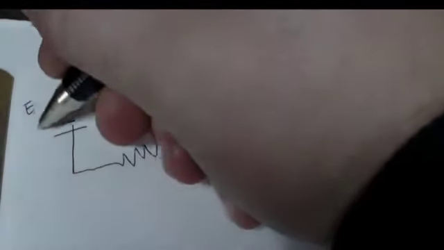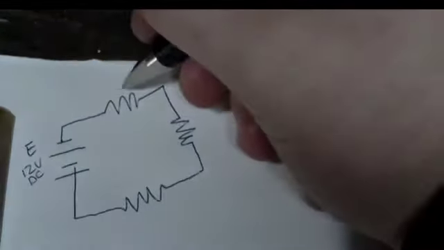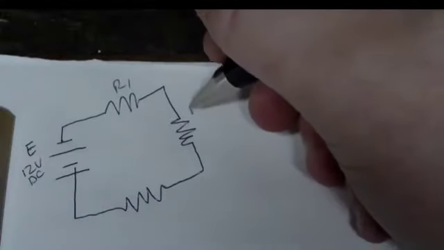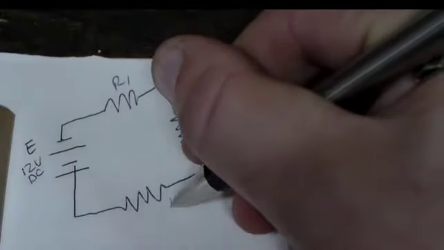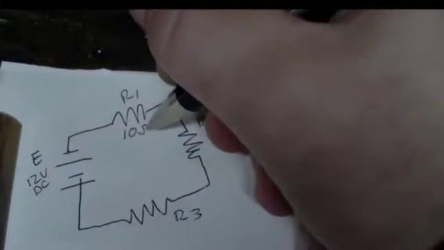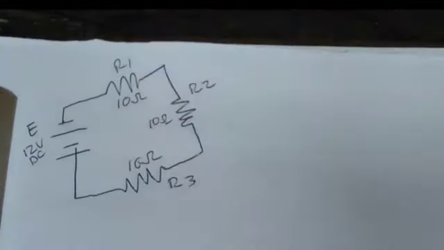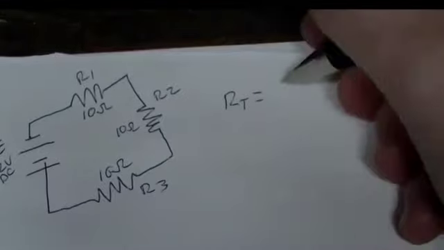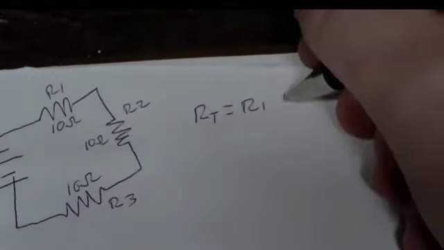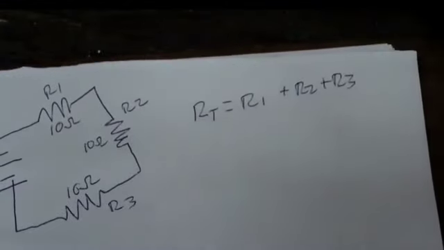This is E. Make it 12 volts DC. R1, R2, R3. Now let's say this one's 10 ohms, this one's 10 ohms, this one's 10 ohms. Okay, now in order to find your total resistance, R total equals R1 plus R2 plus R3.